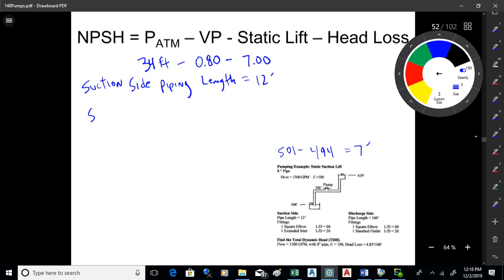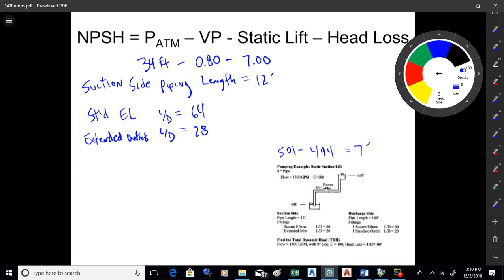We've got a standard elbow, and that's got an L over D equal to 28. And then the extended outlet.